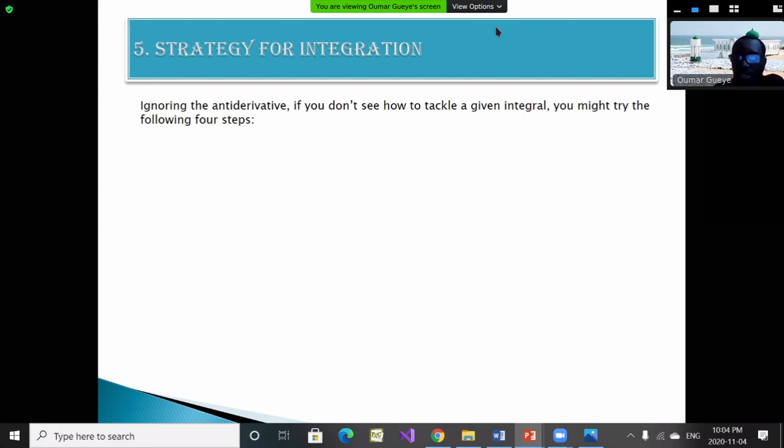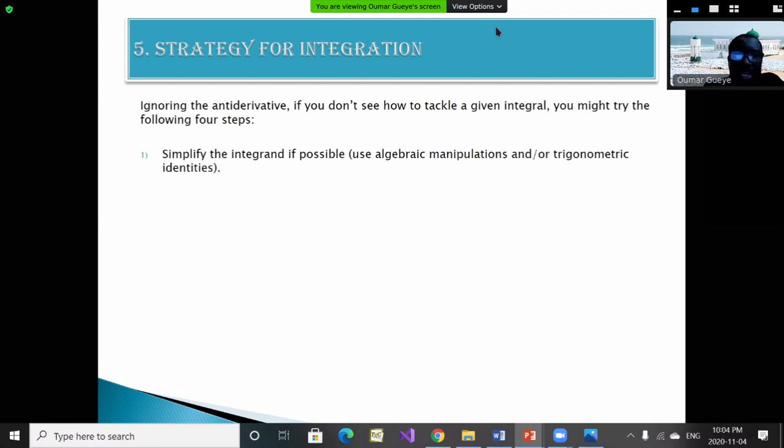What I recommend is, when you have an integral and the integrand looks complicated, meaning you don't know exactly what the antiderivative is, you start by trying to simplify it. And we have different ways depending on the kind of function that you have.